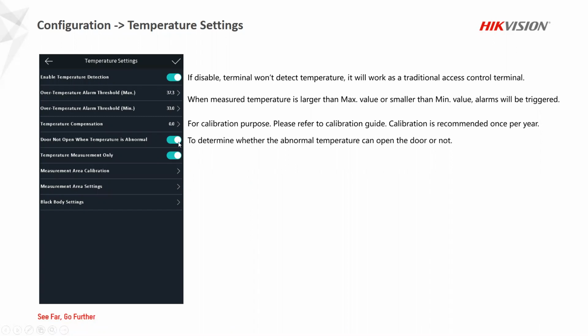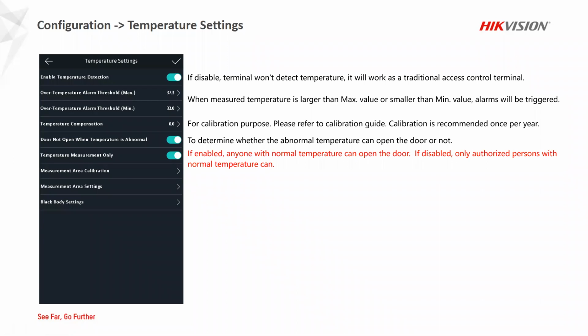And then this determines whether people with abnormal temperature can open the door or not. And this is quite an essential setup. By default, it's enabled. That means it's a temperature measurement only terminal.